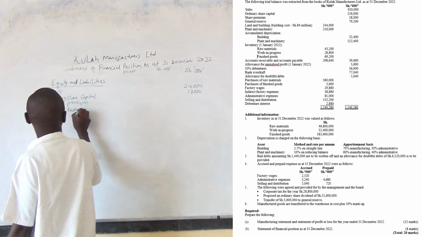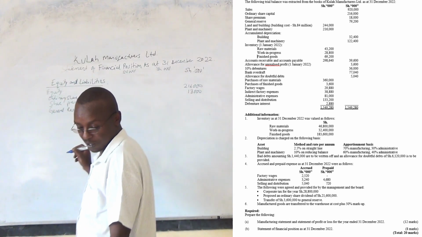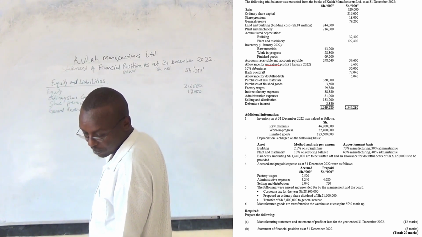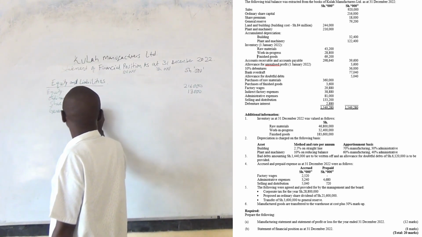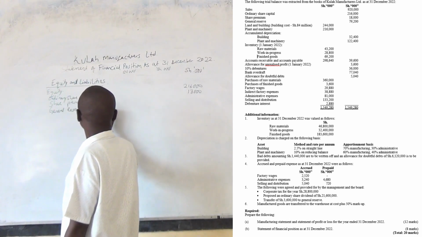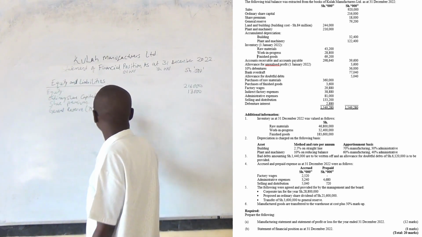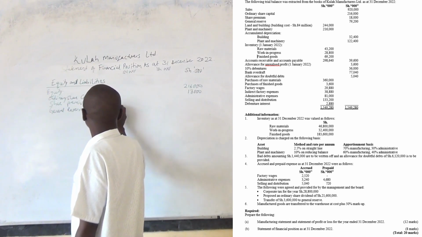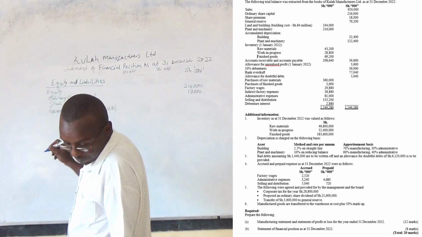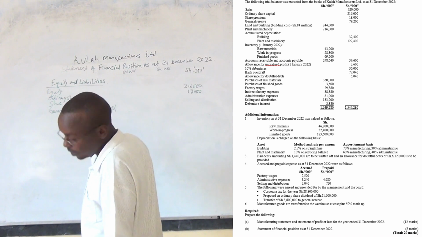The one that is in trial balance, 79,200. And there is the transfer for this year, 3,600. You get what? 82,800.